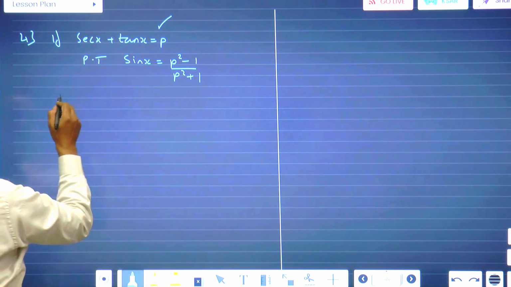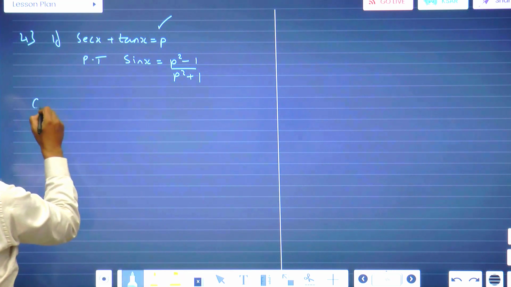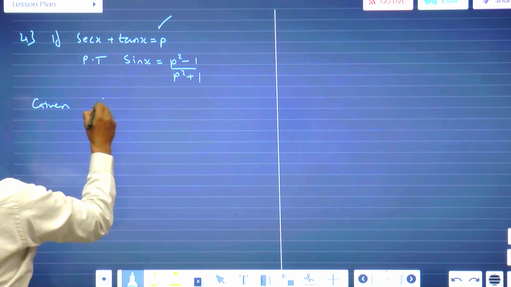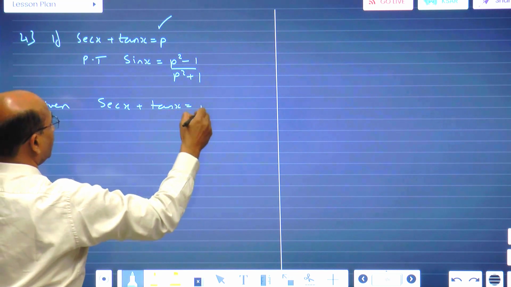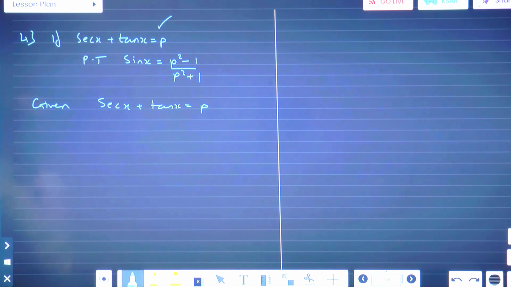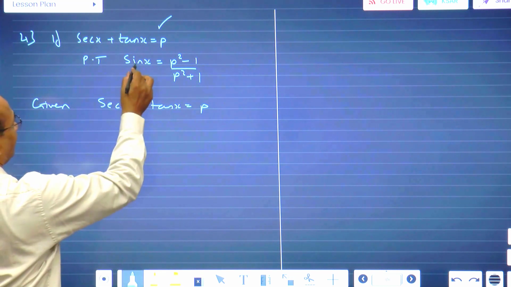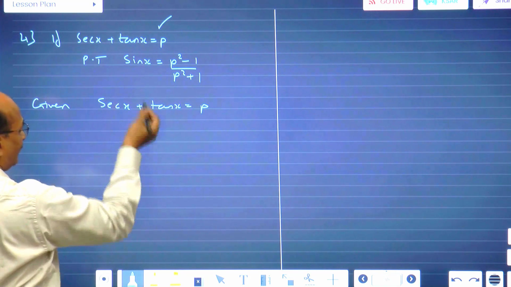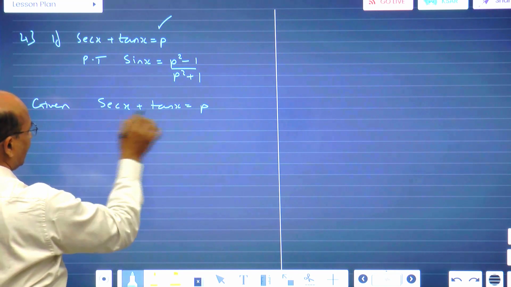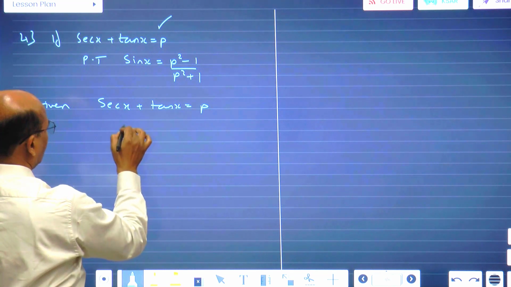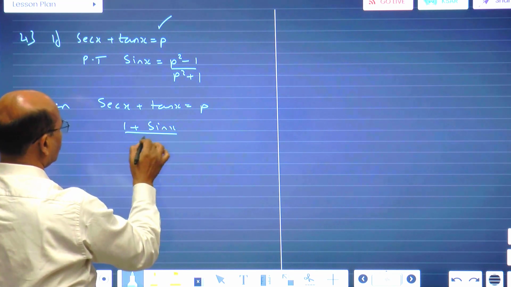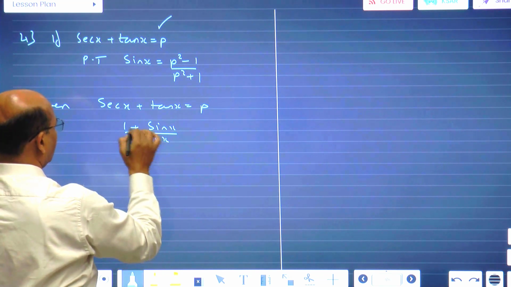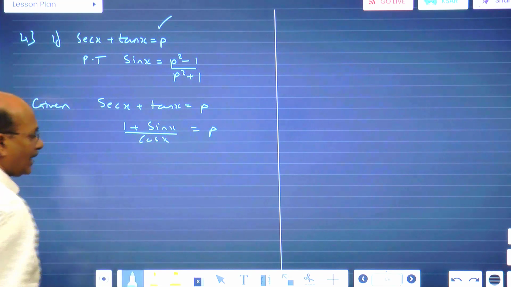So sec x plus tan x is equal to p, given. So if you see, there is a sin x format on the left hand side, so I'll convert to sin and cos. So this I can write as 1 plus sin x upon cos x is equal to p, right?